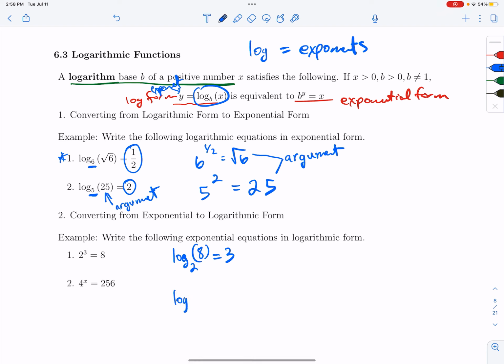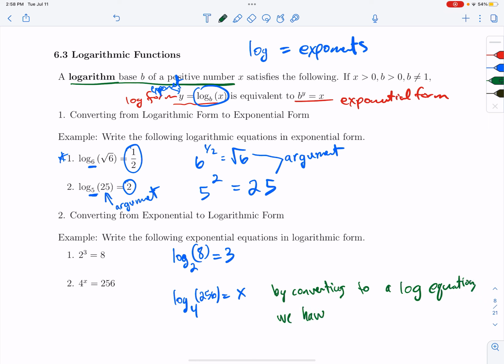Similarly, log base 4, logs equal exponents. This is 256. So one thing to notice here is by converting to a log equation, we have isolated the x.